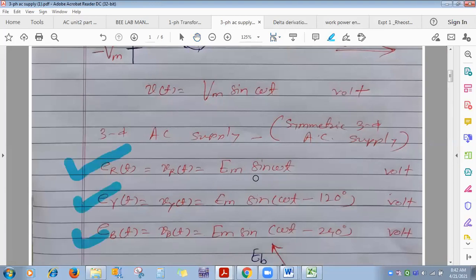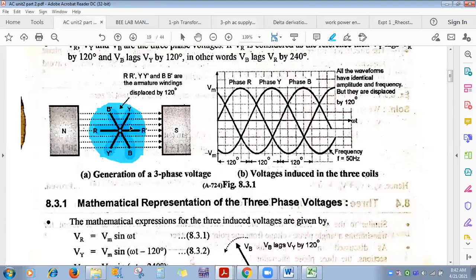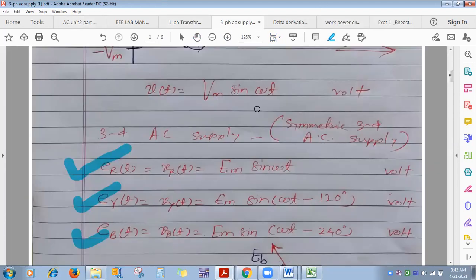See, these are the instantaneous equations. Whenever you are giving mechanical input to the rotor, these 3 coils rotate continuously. They get cut by this flux. Then as per Faraday's law of electromagnetic induction, EMF will get induced in these windings. Now what will be their mathematical expression?